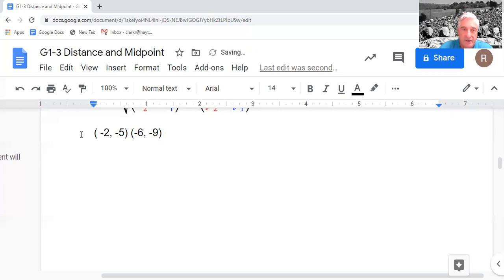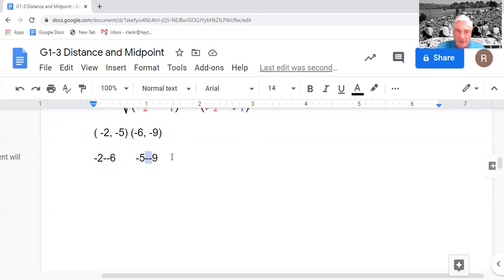We're going to subtract the x's. The x's are the first one. That's minus 2 minus a minus 6. And then our y's, minus 5 minus a minus 9. And many of you know now that two minus signs in here become one plus sign.